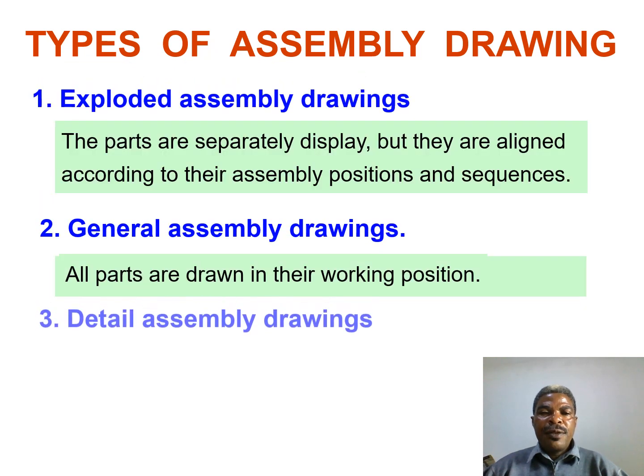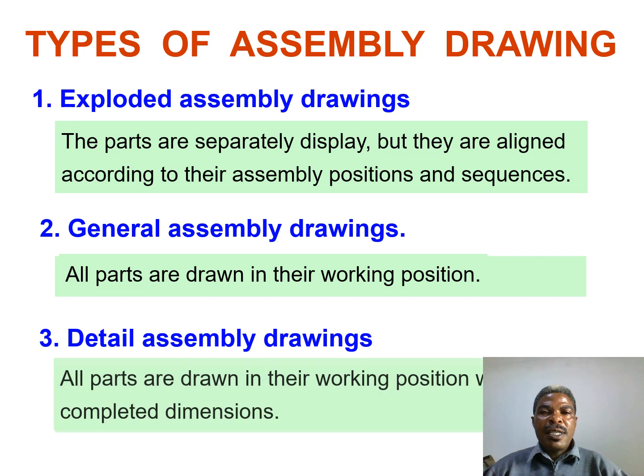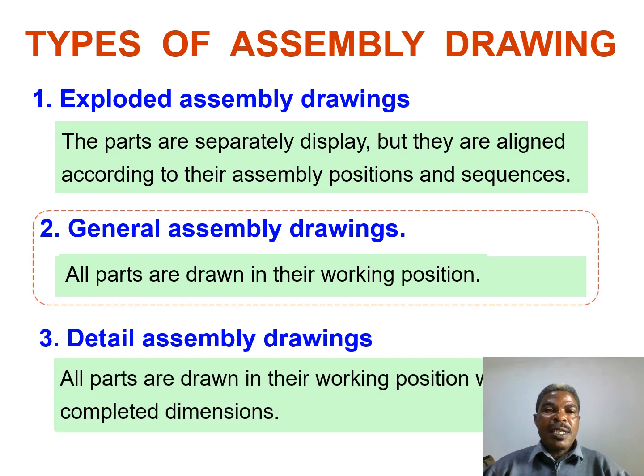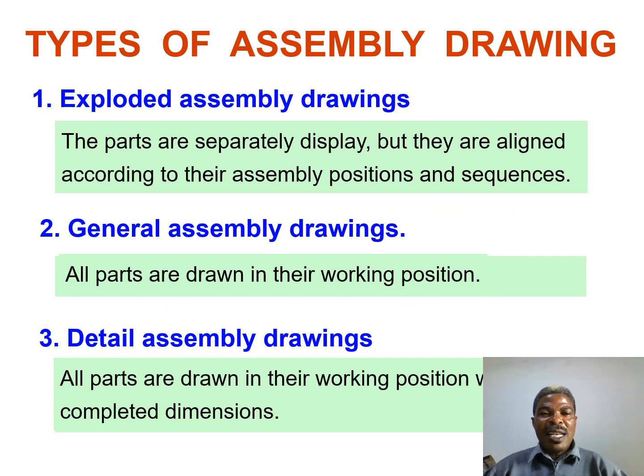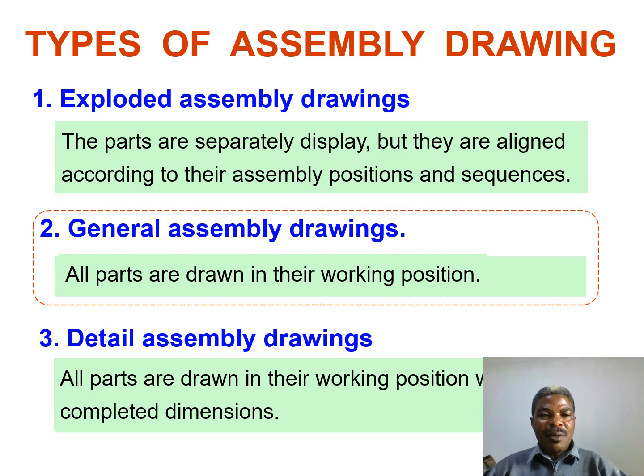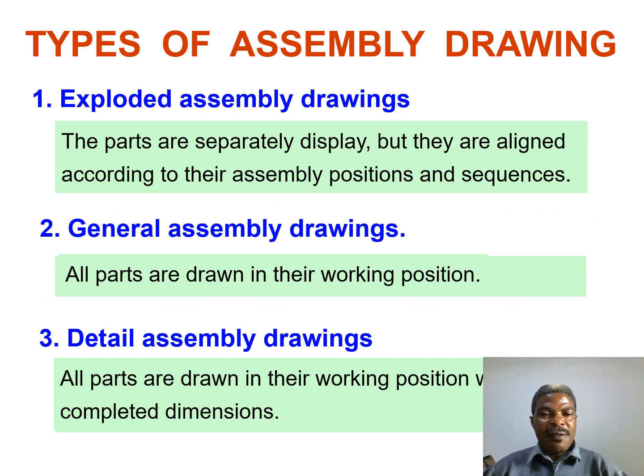Now let's see the types of assembly drawing. We have the exploded assembly drawing, in which the parts are separately displayed, but they are aligned according to their assembly positions and sequences. That is exploded assembly drawing. When it comes to general assembly drawing, all parts are drawn in their working position. Working position. You have to note this.